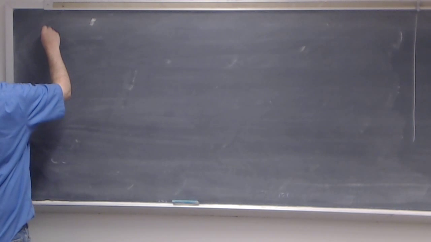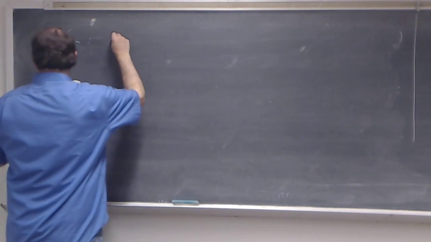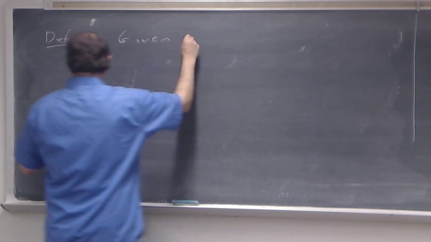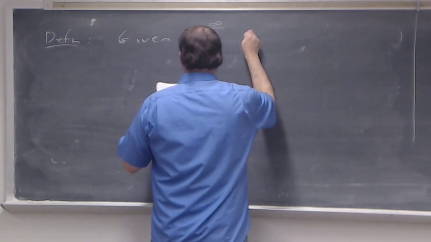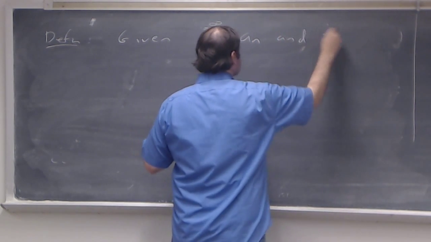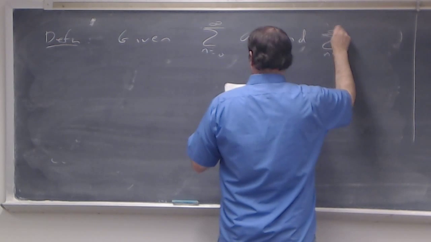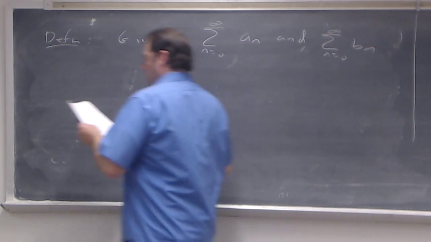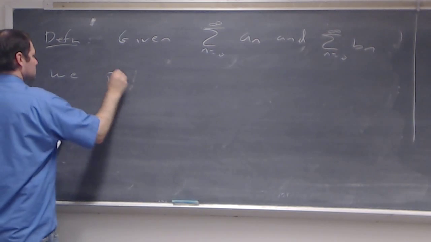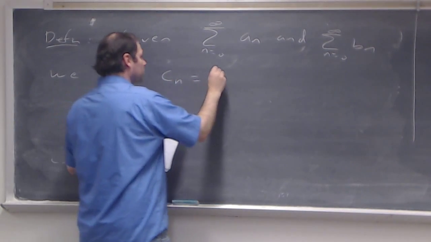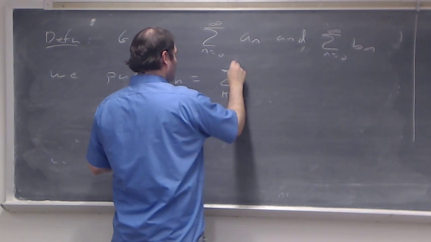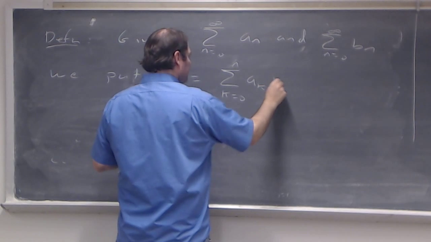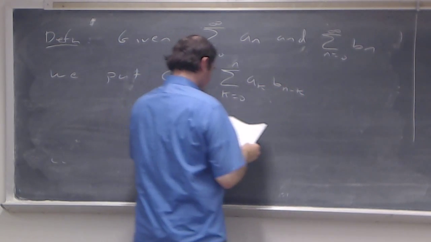Next, I want to look at a definition for the product of two series. So, given the sum as n runs from 0 to infinity of a sub n, and the series as n runs from 0 to infinity of b sub n, we put c sub n equal to the sum as k runs from 0 up to n of a sub k times b sub n minus k.